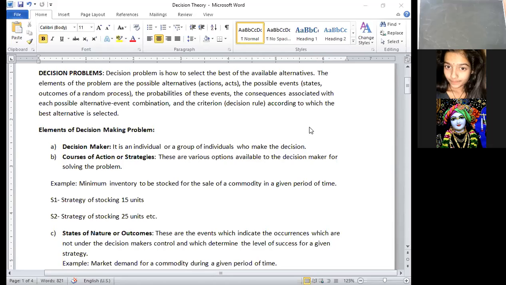That means finite number of decision alternatives, finite number of courses of action, or you can say strategies. You have chosen the right decision. Go through the definitions, students, please. What is a decision maker? What is a course of action? Then I will explain with examples.